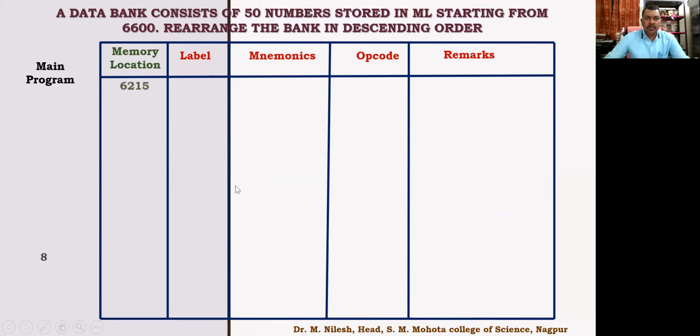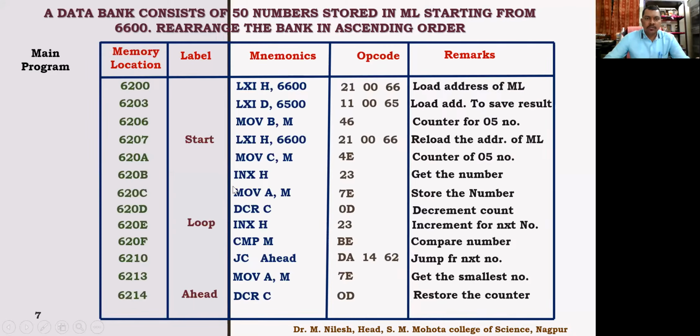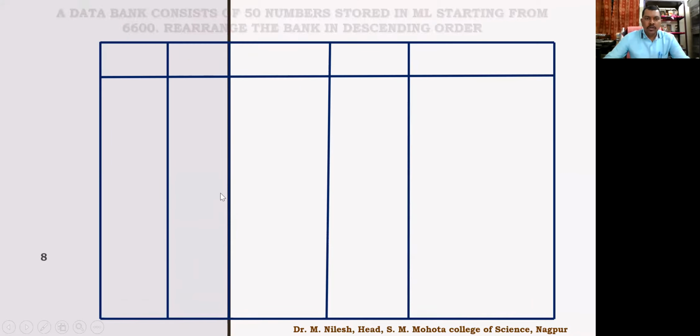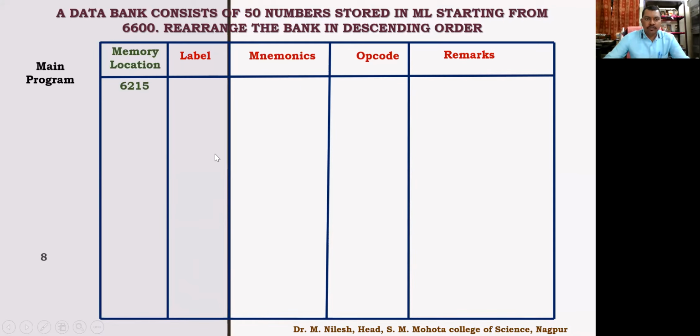So again, we have started with this. I guess it was 6214, and the next is 6215, right? So jump if not zero to loop, so it will jump in that, and then repeat the same procedure for all.